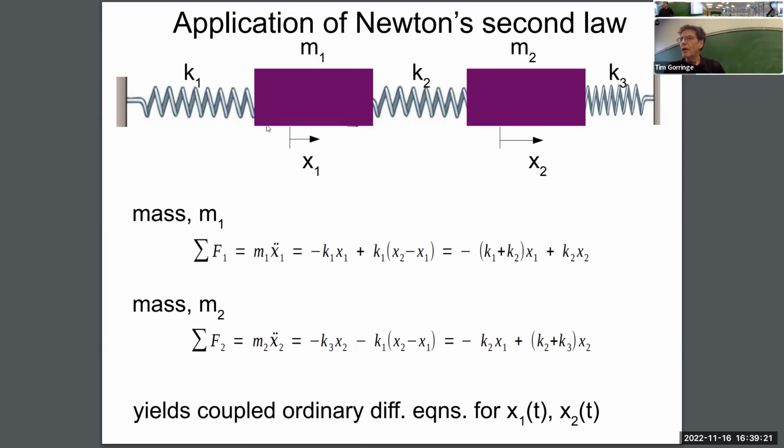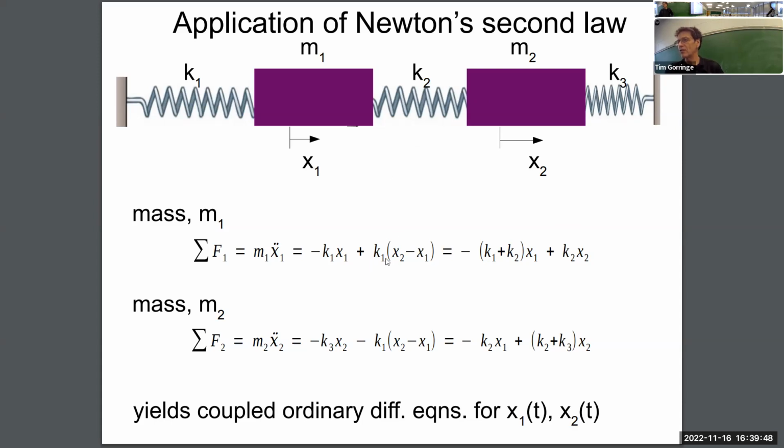So if I think about mass number 1, this guy here on the left, the sum of the forces on it will determine its acceleration. The two forces that are acting on it are the force due to the left-hand spring that only acts on mass 1, and then the force that's coupling the two masses.